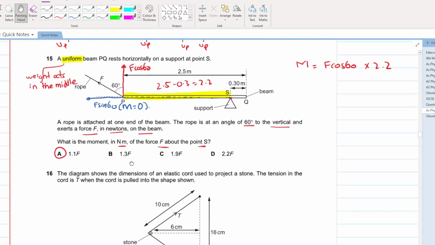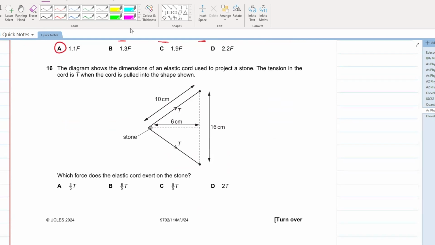Let's further move ahead. The diagram shows the dimensions of an elastic cord used to project a stone. The tension in the cord is T. When the cord is pulled into the shape shown, which force does the elastic cord exert on the stone? You have to apply some common sense here. These are some tensions.